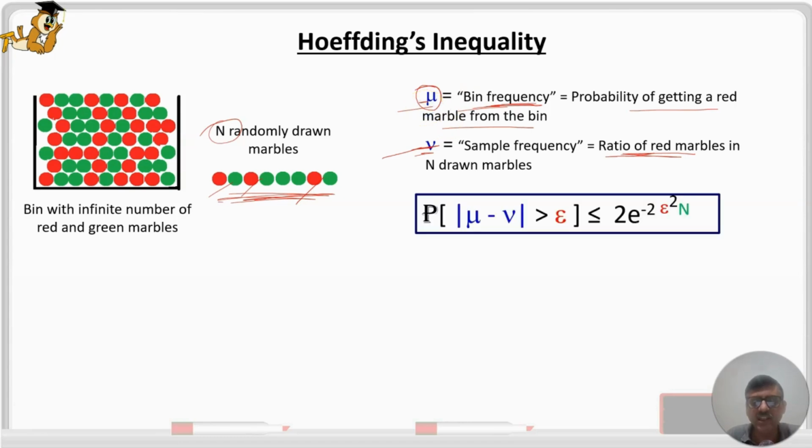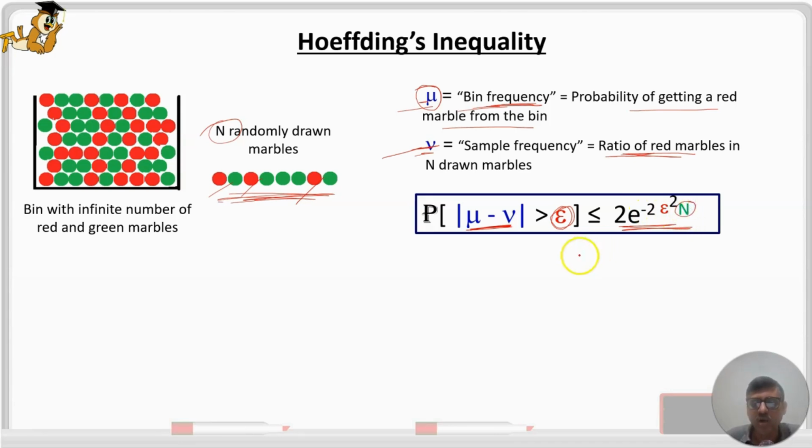Hoeffding's inequality is a probabilistic statement, and it says that the probability of the absolute difference between mu and nu being greater than a given quantity epsilon is going to be less than 2 times e to the power minus 2 epsilon square n.